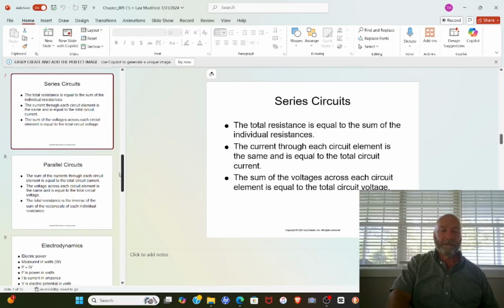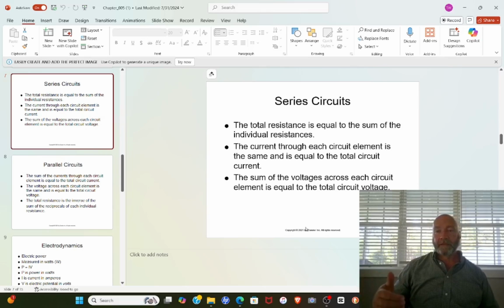Series circuit calculation: series circuits and parallel circuits are not on the registry anymore, so I'm not going to talk about those very much. I'm just going to define what they are since they're up here. A series circuit is a type of circuit where electricity has to come out of one resistor and go into another resistor. A resistor is anything that you put into the system that uses electricity.